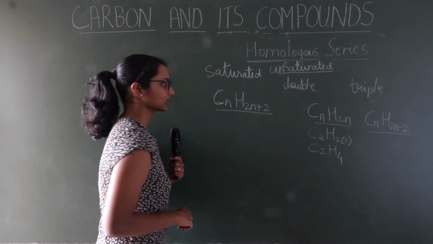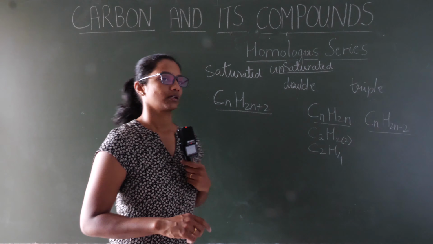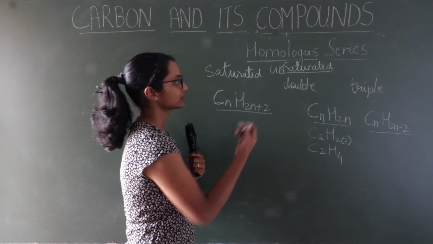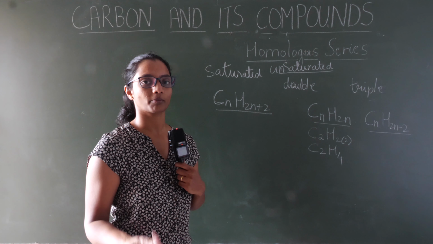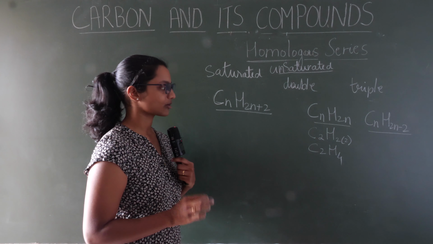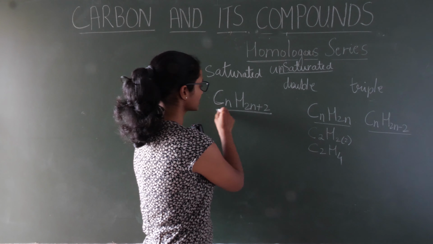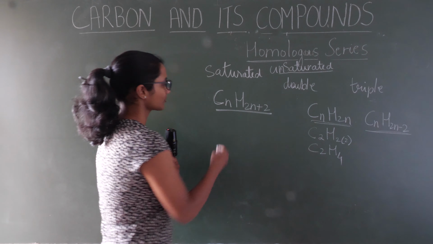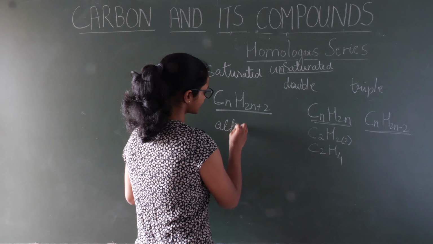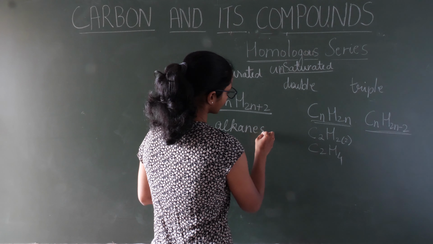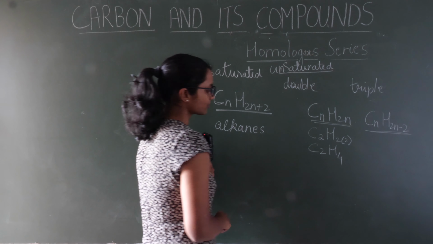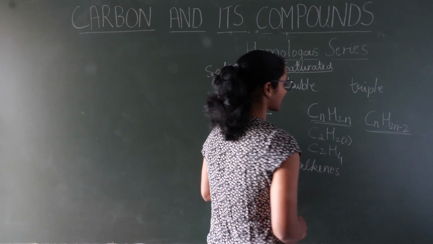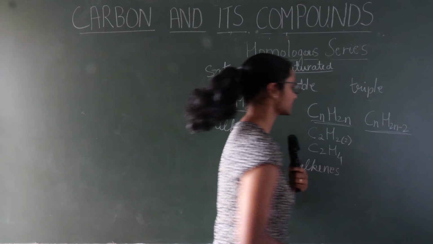So by observing the series right from methane, ethane, propane, and in double bonded ethene, propene, by observing it, you will get this general formula. So when it is saturated, it is alkanes, unsaturated double bond, alkenes, and unsaturated triple bond is alkynes.